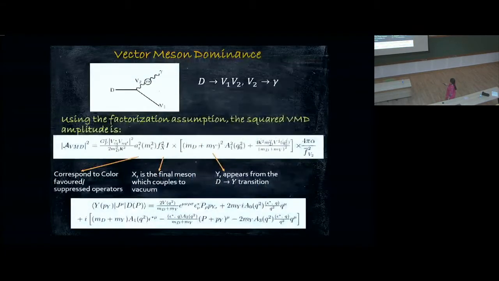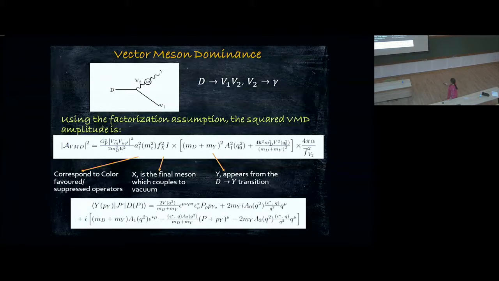Okay, so in the case of vector meson dominance, basically you have your D meson. The D could transit to another vector meson V1, and the V2 could then be popping out from vacuum, and that V2 could convert into a photon, or the other way around.